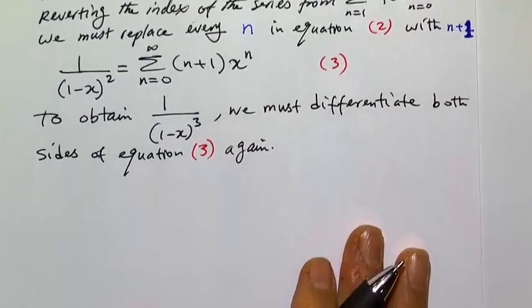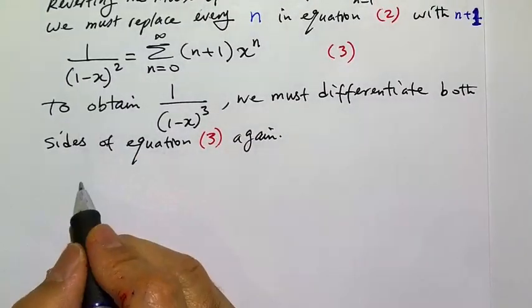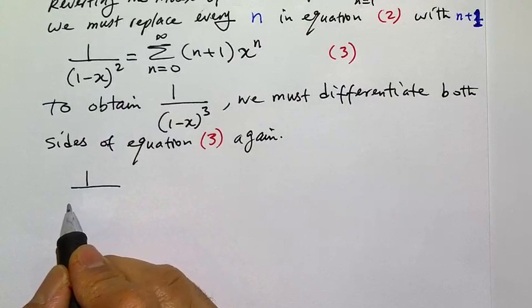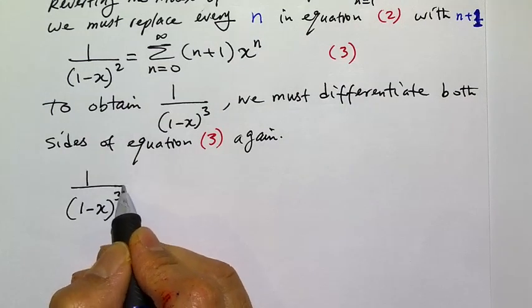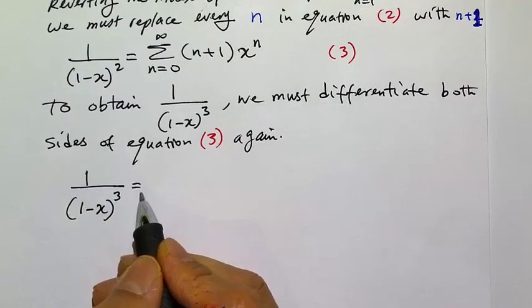Okay, so we already know what the left side will look like. So it is going to be 1 over 1 minus x cubed.